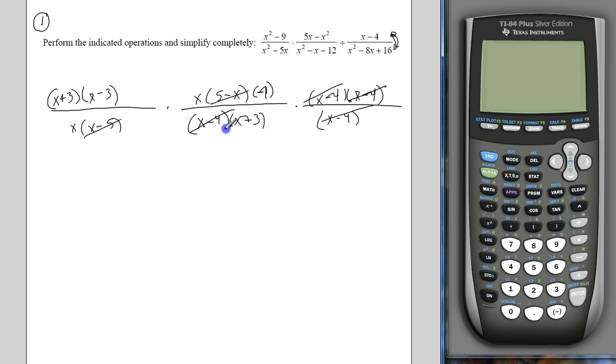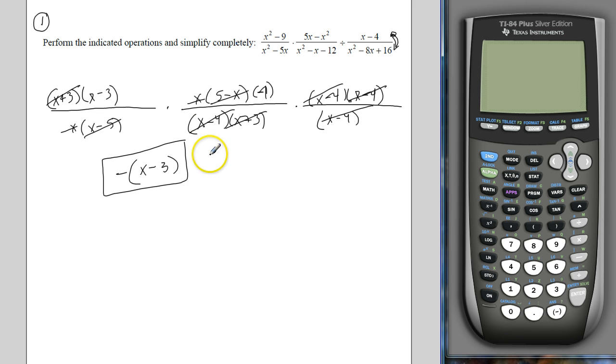Then we keep looking. X plus 3, x plus 3. And we have this x and this x. And we keep looking around, so there's nothing else to cancel. There's nothing on the bottom. So upstairs I have x minus 3. And don't forget the negative 1. I'm just going to put a negative out in front like this. You could put the 1 there, but you don't have to.